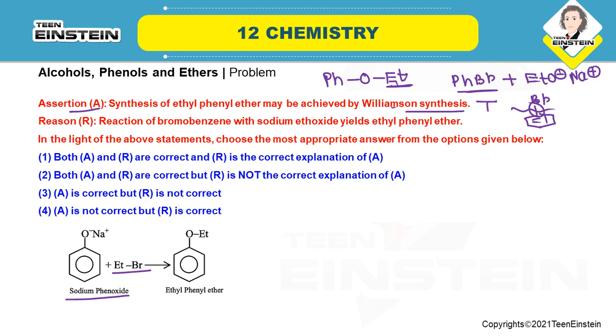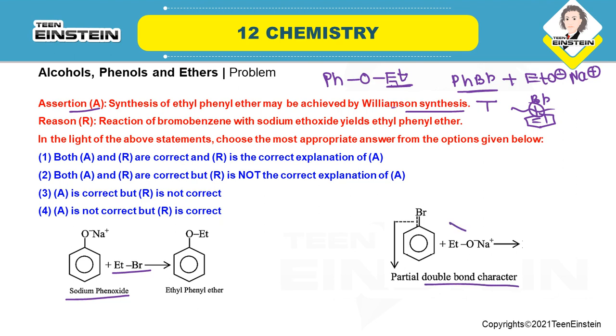Okay. So the problem with bromobenzene is that there is partial double bond character present. So this is not the correct combination for the formation of phenyl ethyl ether. So here the first statement is correct, but the second statement is not correct. So that is why option 3 is the correct option.